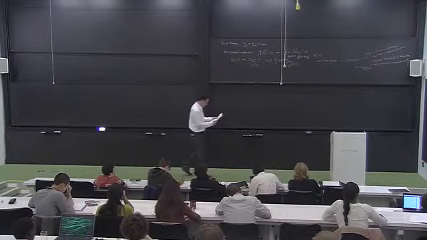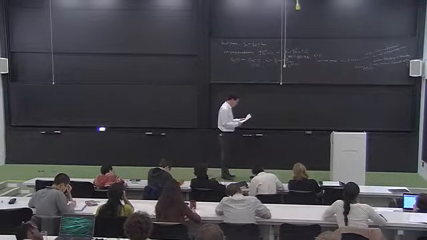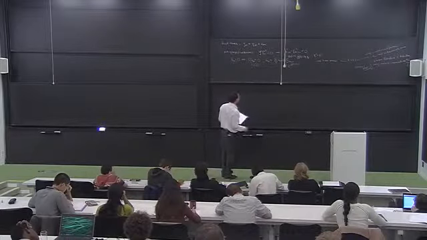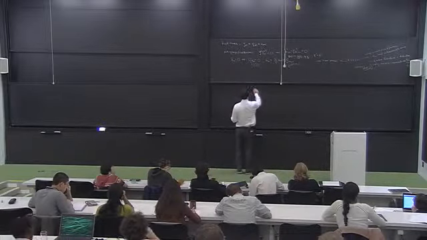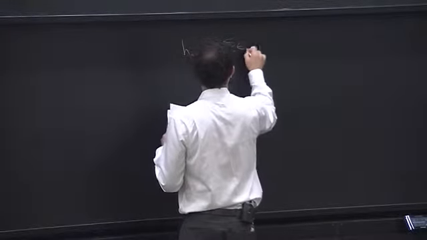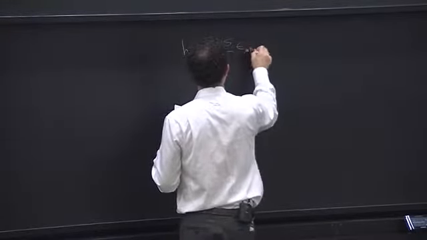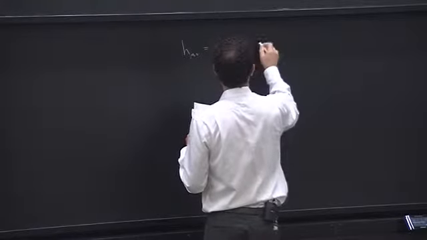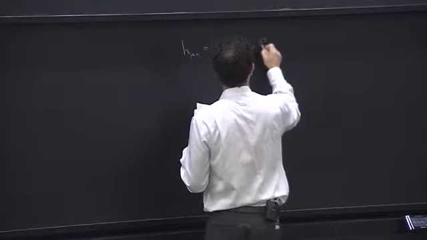Okay, so let's show that. So I've got my h mu nu equals a sum of epsilon mu nu. These are constants, they just depend on k.